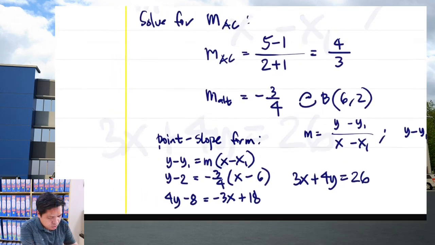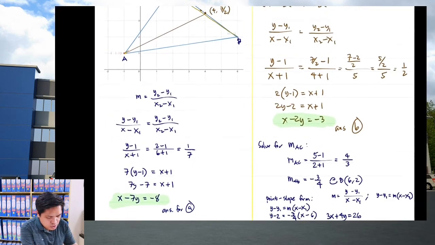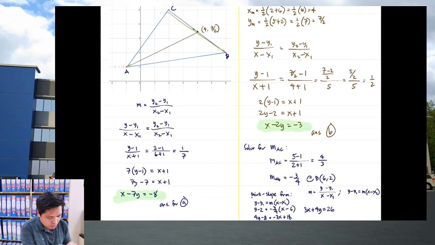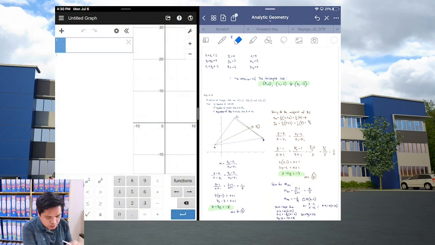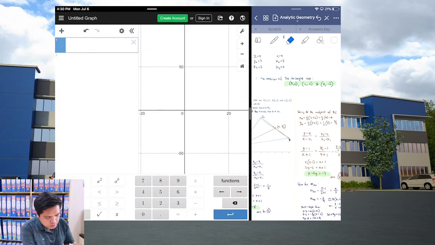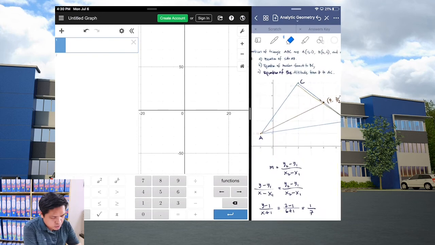Let us try to check our answers using a graphing tool. So let's retrieve Desmos, then plot our answers to see if they're correct. So these are our points.